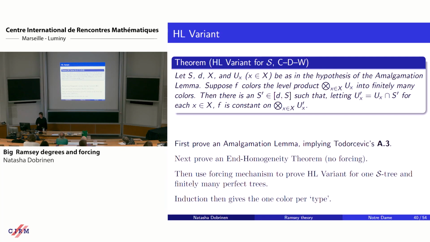This is the Halpern-Läuchli variant that we use, and it is proved by first making an amalgamation lemma of the style of the axiom A3 for the trees, then proving an end homogeneity theorem by a lot of induction and just using Halpern-Läuchli with no forcing, and then using forcing to homogenize the end homogeneity, and then putting it all together by induction to get one color per type.